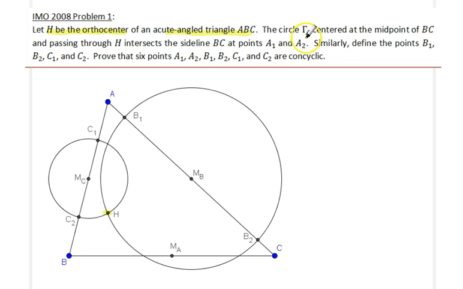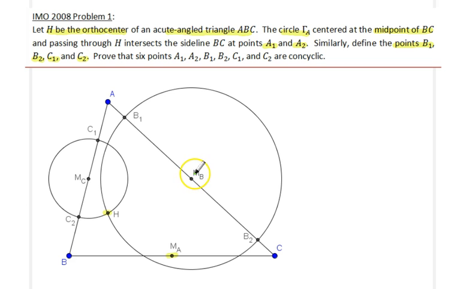H is the orthocenter. So the circle omega A centered at the midpoint of BC, which I mark as M sub A, passing through the point H, intersects the sideline BC at points A1 and A2. Similarly, we can define the points B1, B2, C1, and C2.